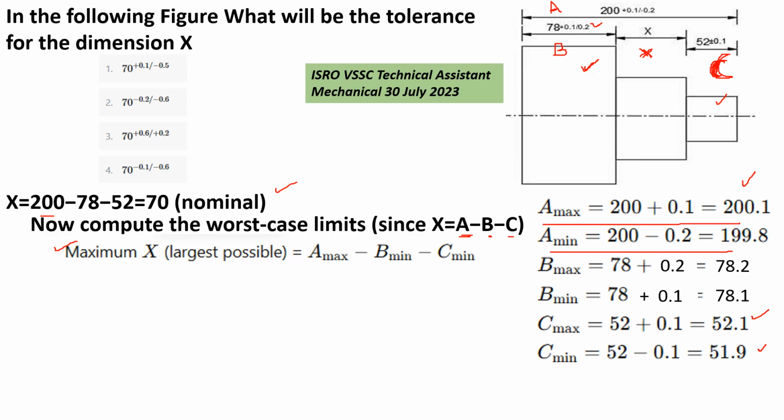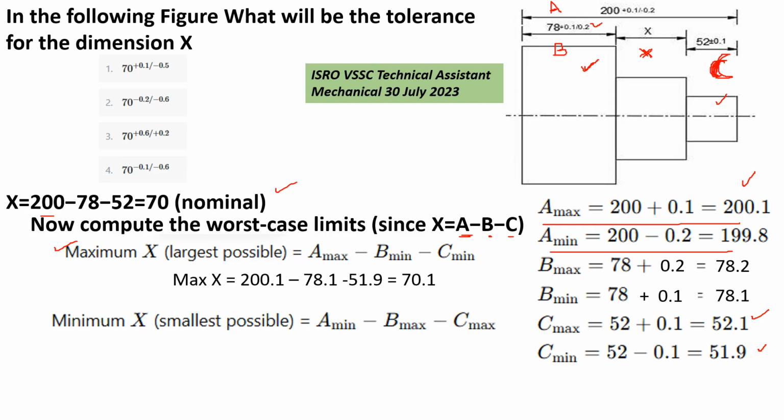So X max will become A max minus B minimum minus C minimum. A max is 200.1, B minimum is 78.1, C minimum is 51.9. So substitute these values, we will get the maximum value for the part X is 70.1.